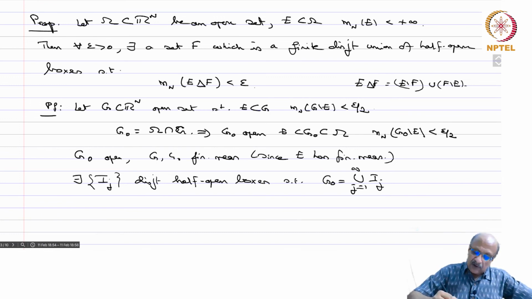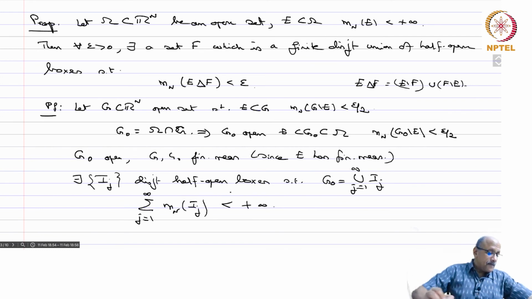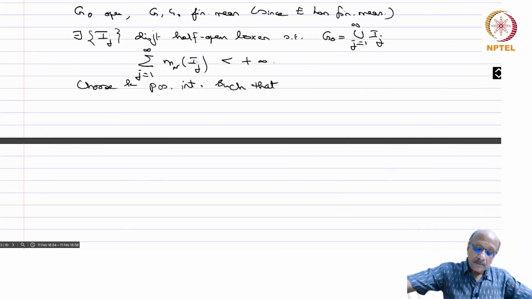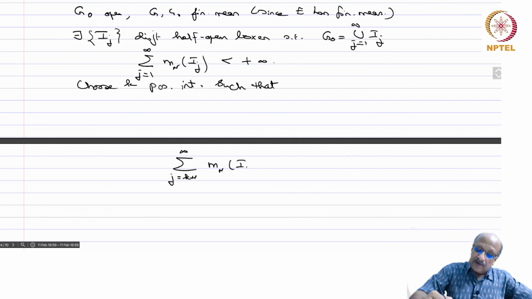And since the measures are all finite, the sum over j equals 1 to infinity of Mn of Ij is finite. So choose K positive integer such that, since you have a convergent series, the tail can be made as small as you like: the sum from j equals K plus 1 to infinity of Mn of Ij is less than epsilon by 2.